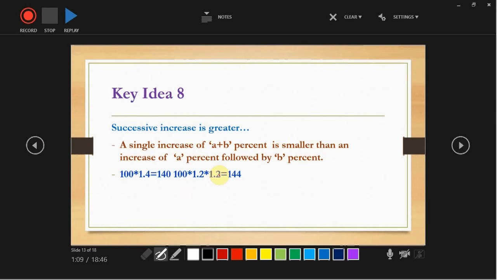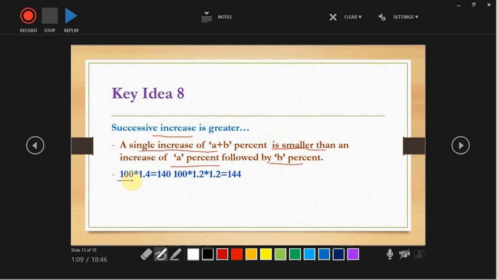So key idea 8. This relates to the case of successive increases, which is greater than a single increase. For example, a single increase of A plus B% is always smaller than an increase of A% followed by B%.